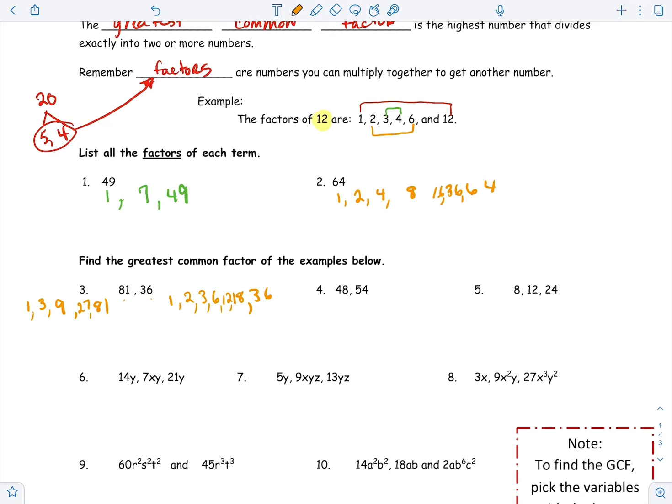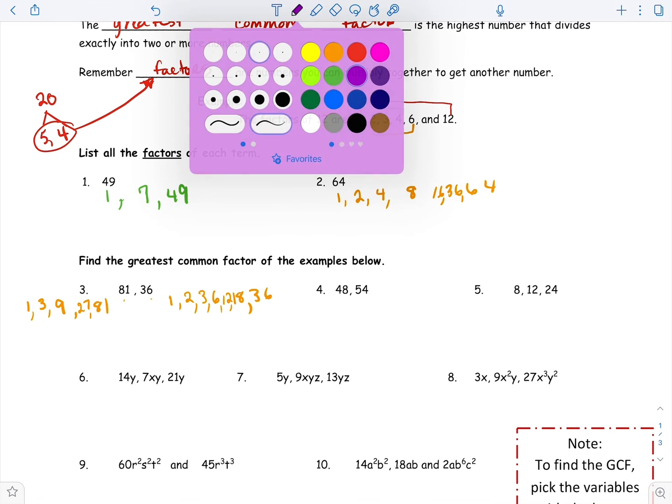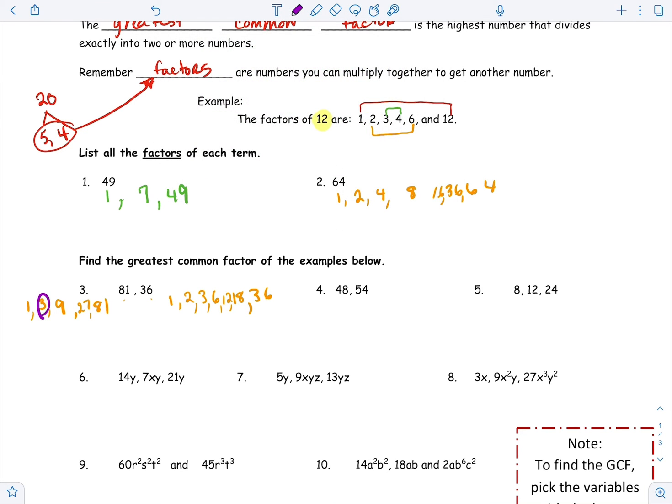There's 1 and there's 3. So 1 is a common factor, but the greatest common factor is 3. And that's what we're going to settle on. 3.